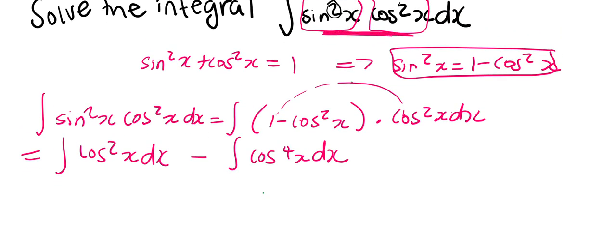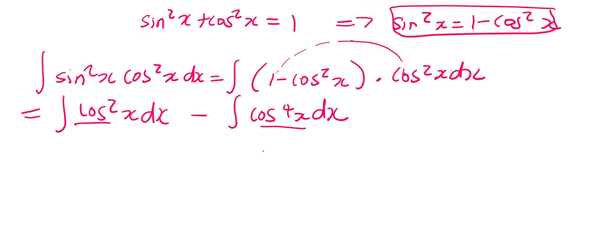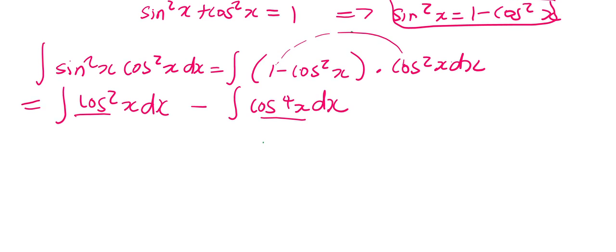Here we had cos squared times sine squared, but here on both integrals we only have cos. What does that mean? It means that now you can go and use those identities that I showed you before when you had an even power or an odd power.